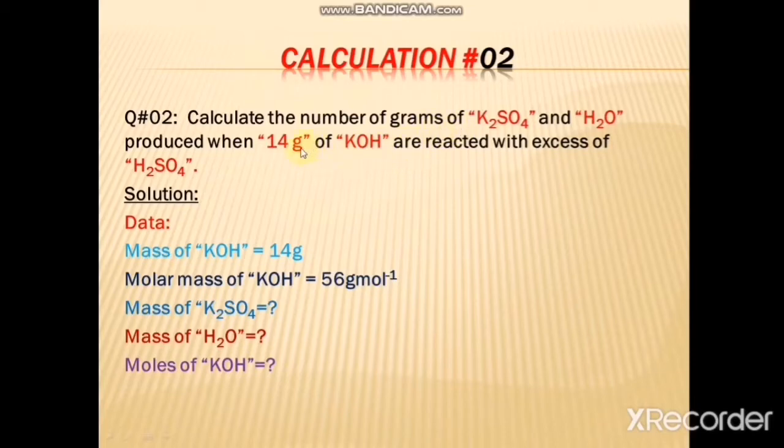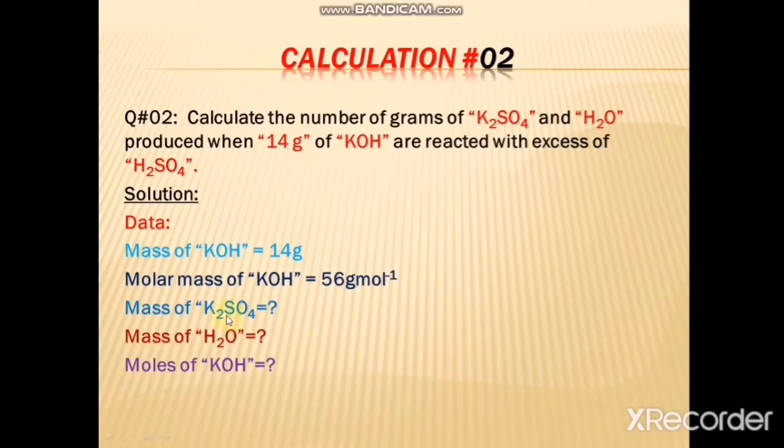Given data is number of grams of potassium hydroxide, which is 14 grams, and mass of potassium sulfate and water are to be found. So these are unknown quantities.